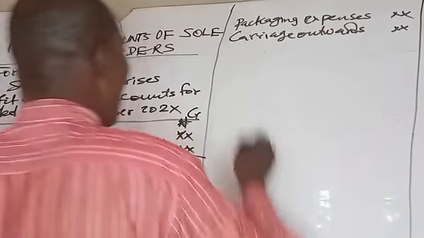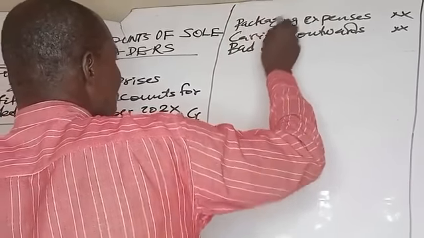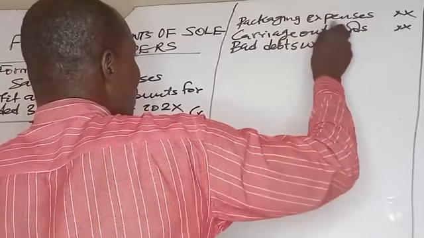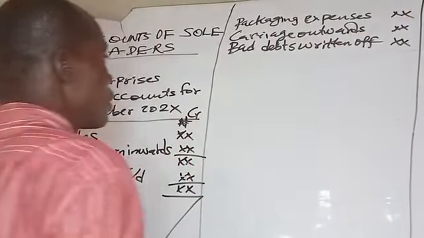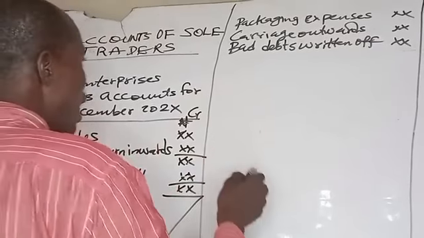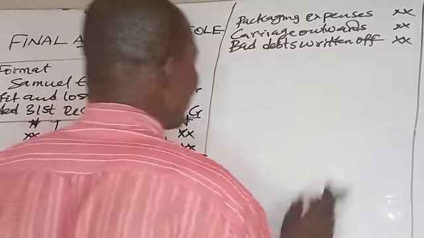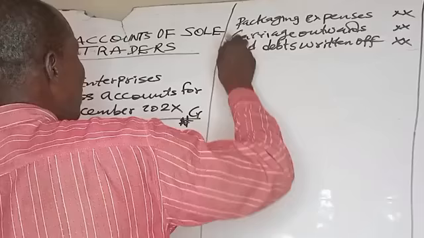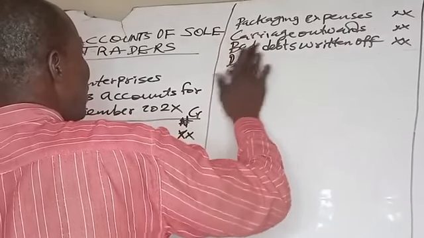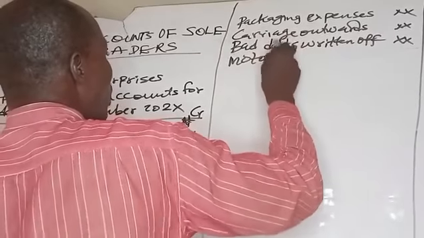Then you may have bad debts written off. Then you might have increase in provision for bad debts, but let me leave that to adjustments. Then you can have depreciation. Let me say motor running expenses.